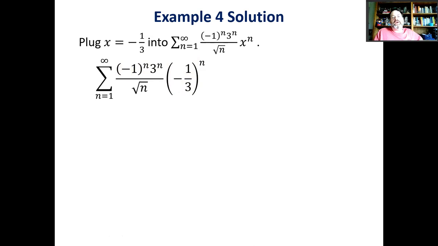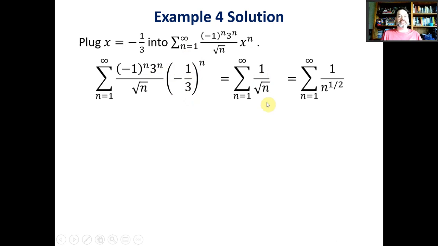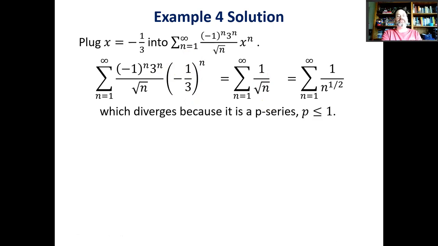Because it would end up being like negative 1/3 to the 2n, which is just 1/3. And then the 3 and the negative 1/3 are both to the n. Those also cancel. So this whole thing just simplifies to this. And this diverges. This is a p-series, right?